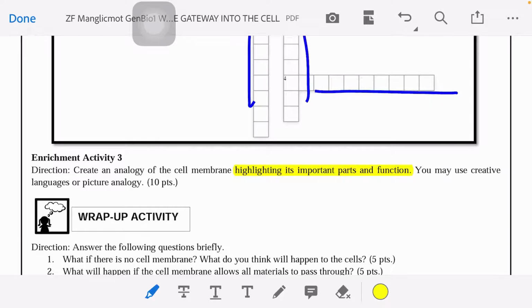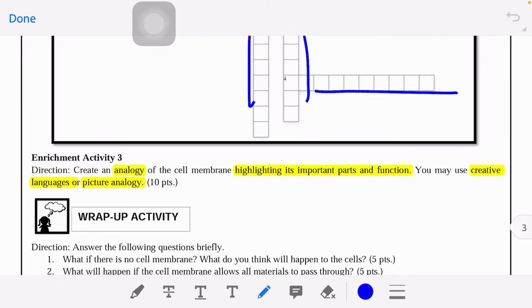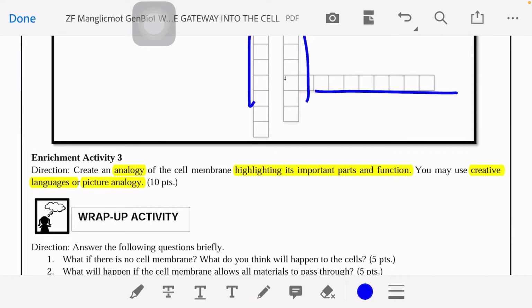You can just write if you're a creative writer, or a picture analogy. Can it be a drawing? Yes. Can we take a picture and paste it? Yes. It's all up to you, as long as I can see the analogy, how the parts and function of the cell membrane were used. That is for activity number 3.